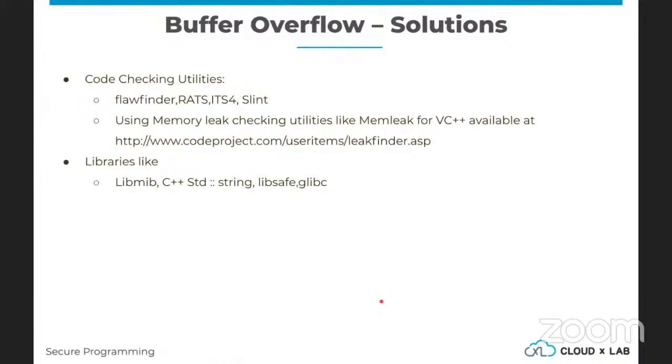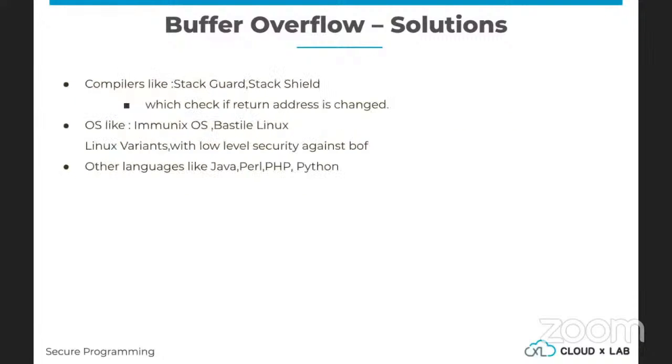Next is that while writing code in C++, use the code checking utilities. There are many more libraries which are way safer than the standard one. Okay. And there are many more compilers that have come up which try to avoid buffer overflows. But it's very important to understand what exactly is buffer overflow and why does it happen, so that if you get a chance to do anything in C++, you are aware that this could cause a buffer overflow.